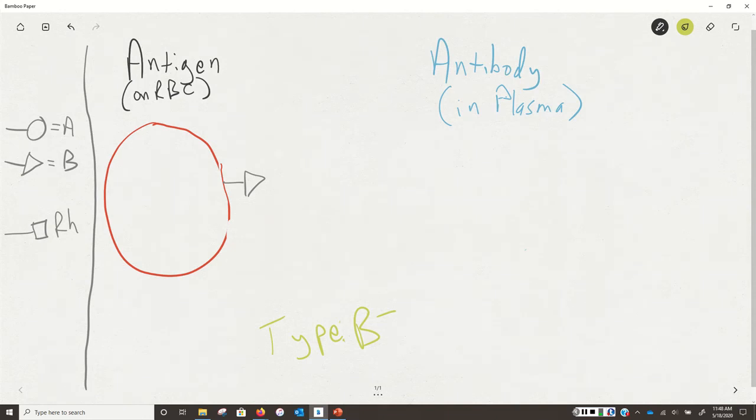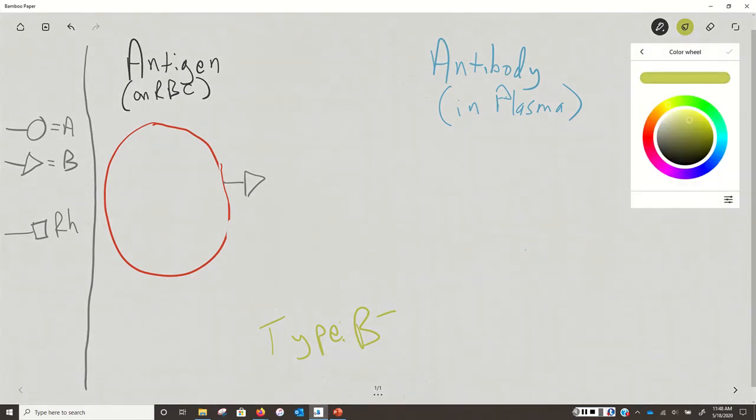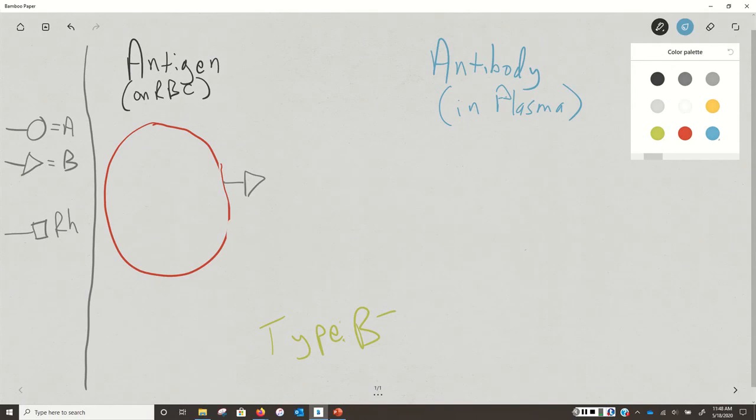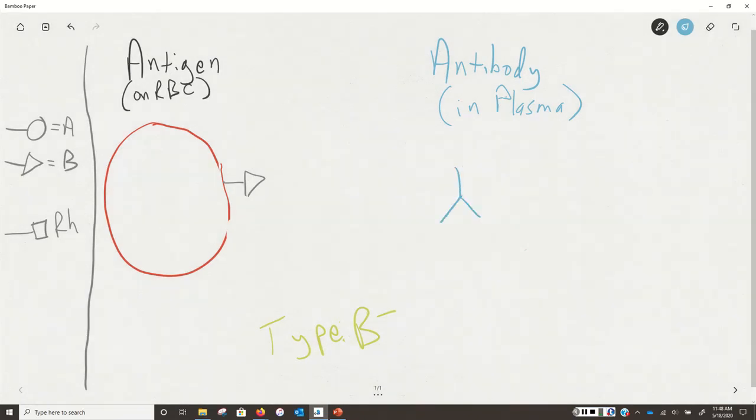Positive means they do have the Rh antigen. Negative means they do not have the Rh antigen. So what antibodies would they have? This is where things get a little bit different from what we've been saying. They are born with anti-A antibodies because they should never have A antigens.